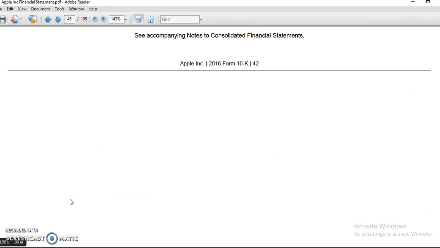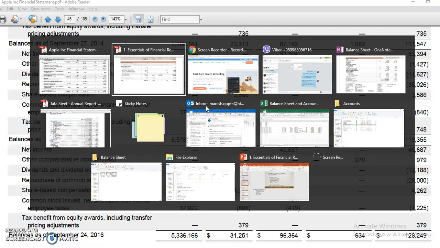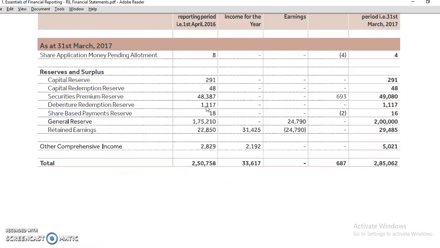You can see they have been purchasing over the years, every year they repurchase some common stock, reducing the shareholding equity, which is one way of increasing the value for the remaining shareholders. We will not go into too much detail of these things because those are not really general purpose financial statement matters.